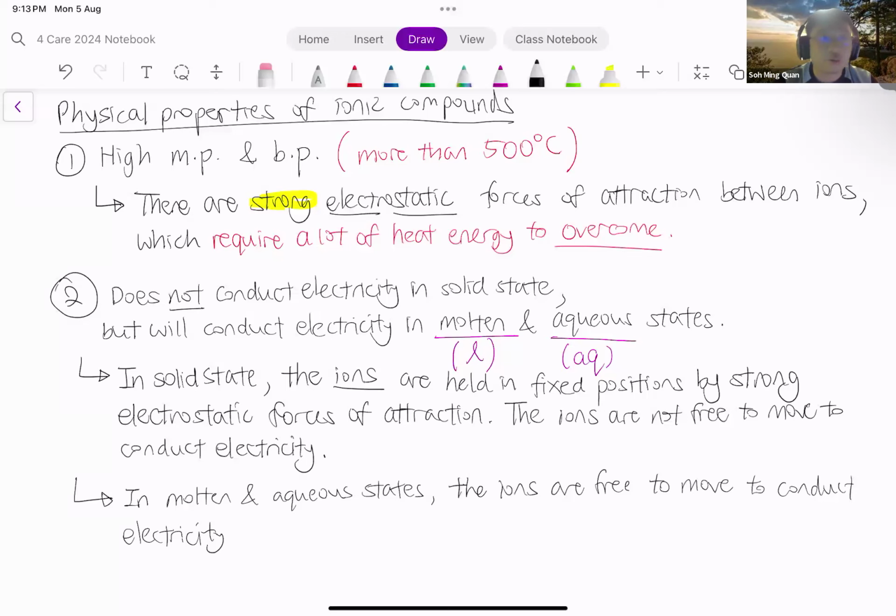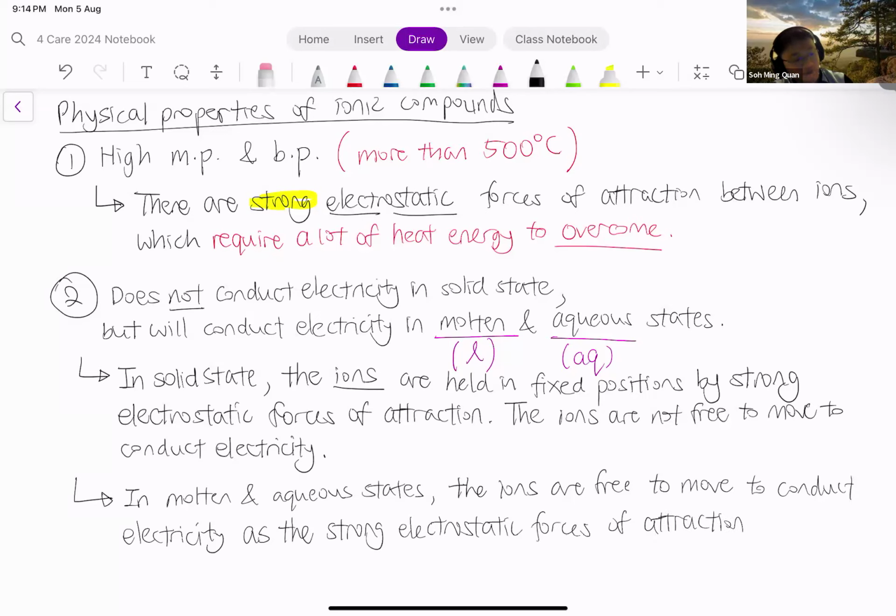The ions are free to move. And this is because by melting or dissolving in water, the strong electrostatic forces of attraction have been overcome. When we melt something, like just now when we talked about melting point, we talk about overcoming the forces of attraction. That's the same here. If it's molten or aqueous, the strong electrostatic forces of attraction have been overcome. As a result, the ions are now free to move to conduct electricity.